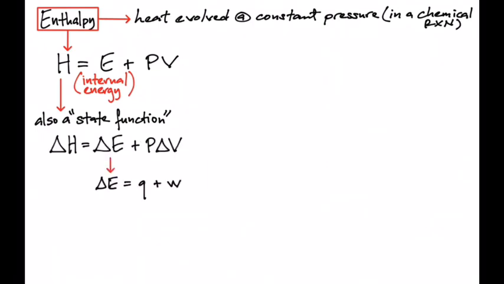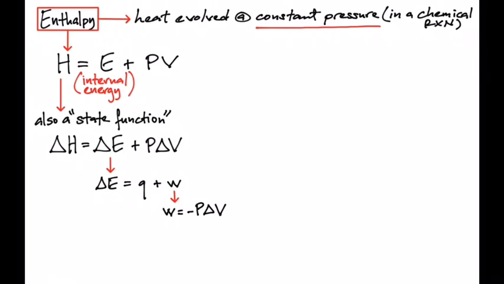And so delta H, or change in the enthalpy, is equivalent to the change in energy, delta E, plus P delta V, because it's the change that we're looking at. We also know what delta E is. Delta E is equivalent to Q plus W. You learned that earlier.